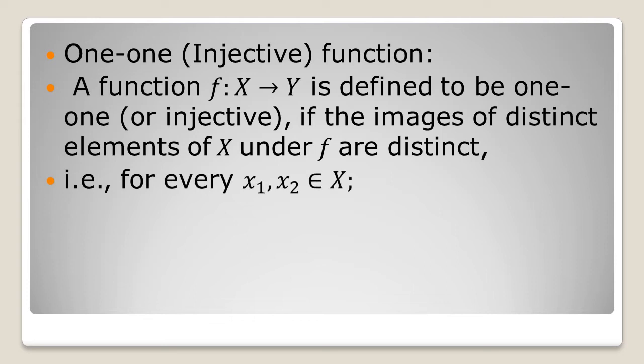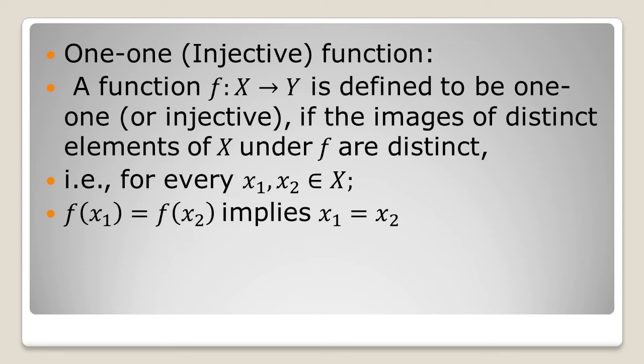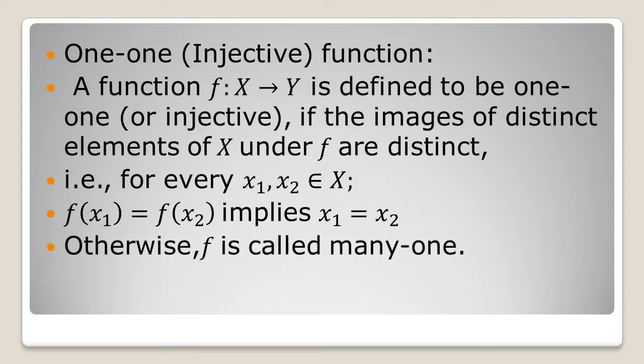That means for every x1, x2 belonging to x, if f(x1) is equal to f(x2), that will imply that x1 must be equal to x2. Means if you take any two elements from the domain such that their images, f(x1) and f(x2), are equal, then the two elements must also be equal. Otherwise, f is called a many-one function.